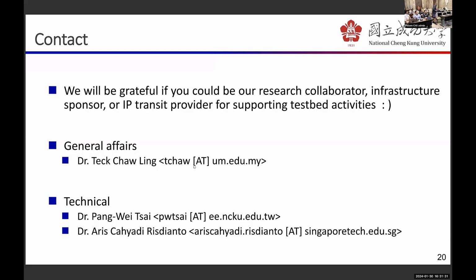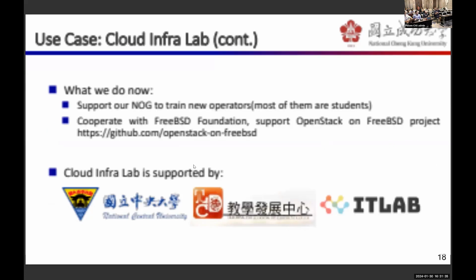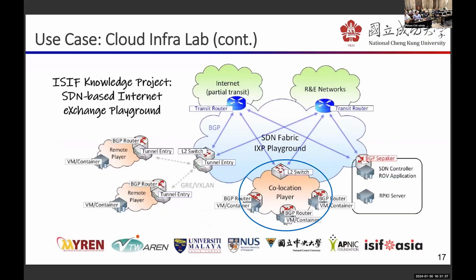So you mentioned this SDN-based IXP playground. Yes. Yeah, this is great. I noticed that there are researchers working on software-defined internet exchange points, or SDX. There are a couple of different proposals.